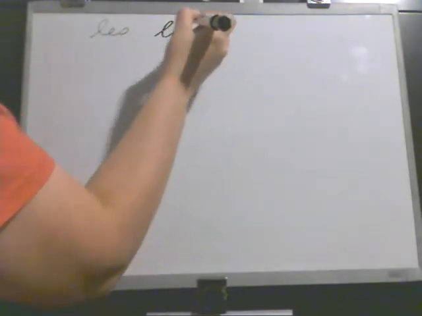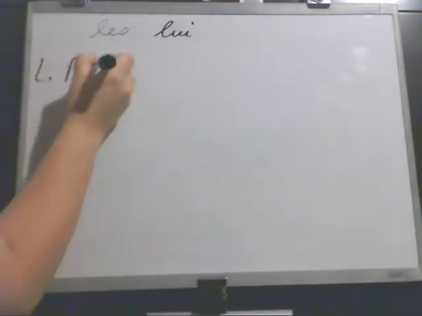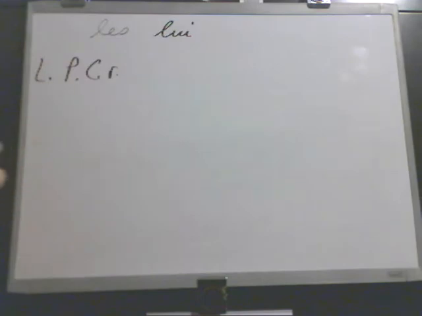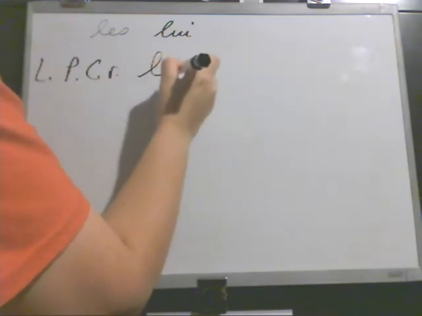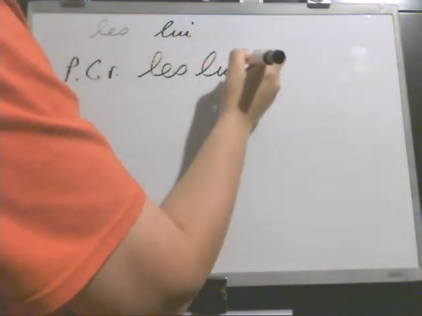And à sa grand-mère, that has to be lui. So we get, we'll abbreviate, le petit chaperon rouge. What's our word order? Me, te, nous, vous devant le, la, les devant lui, leur. So we're going to get le petit chaperon rouge, les, lui, apporte.